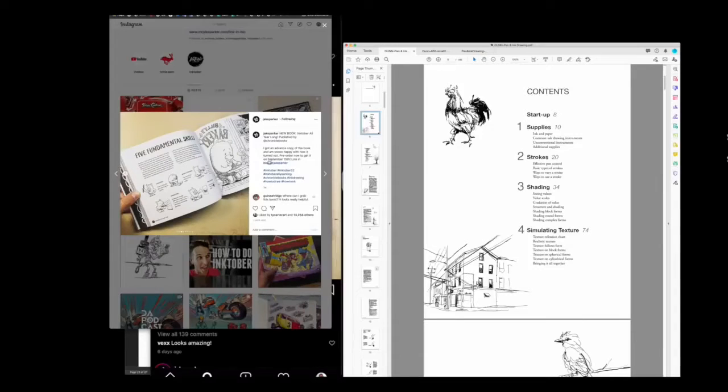I notice he doesn't use the word strokes. I guess that would be a dead giveaway, so he uses lines instead. The only thing he added that I didn't add in my strokes chapter is consistency, which I covered in the shading chapter. So let's hope that he didn't cover it in the same way I did, right?